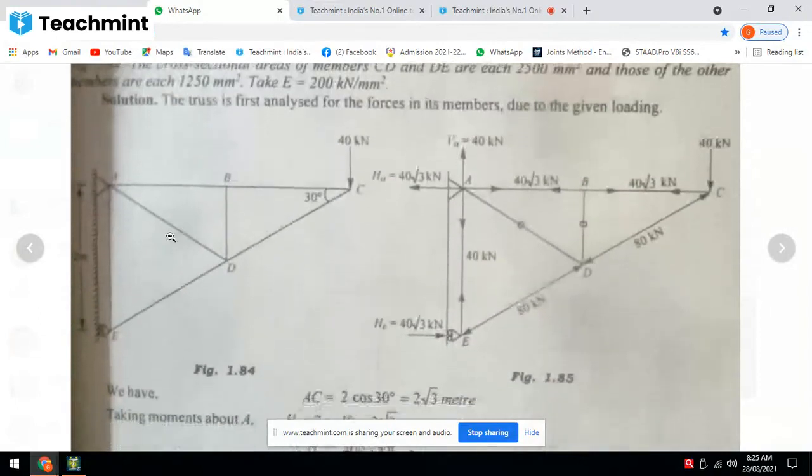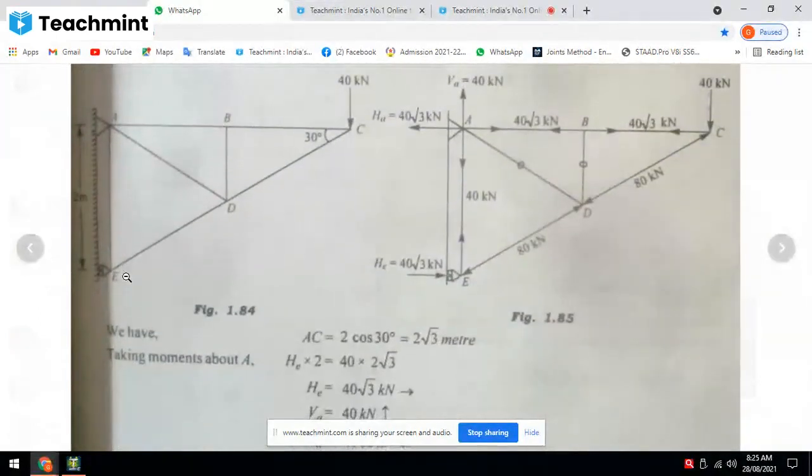AC is 3.46, vertical AE is 2. So what will be the EC value? That is the right angle hypotenuse: 3.46 square plus 2 square, root of 15.97. It is 4 meter. CE is 4 meter, AC is 3.46.